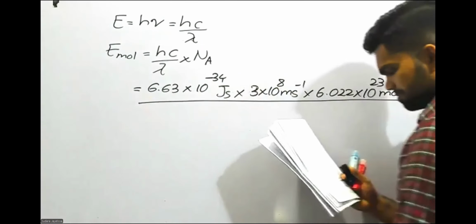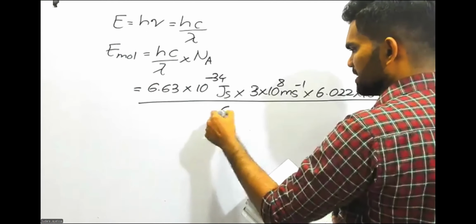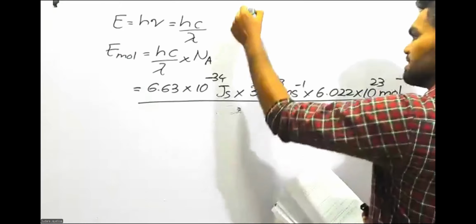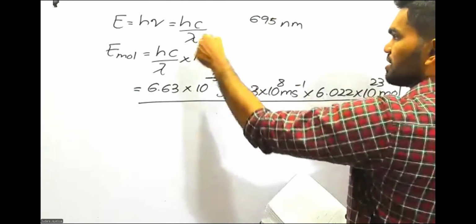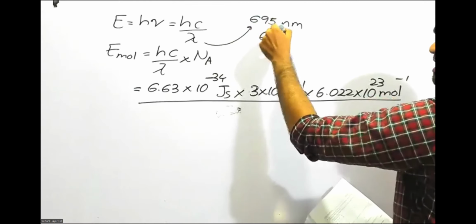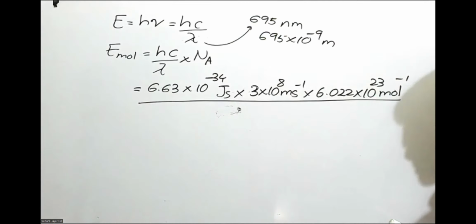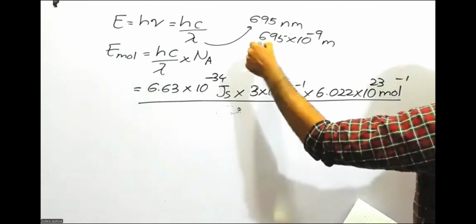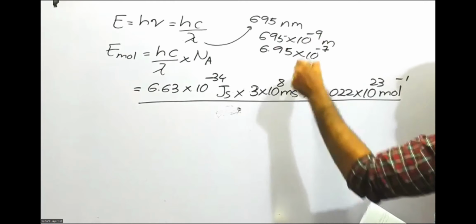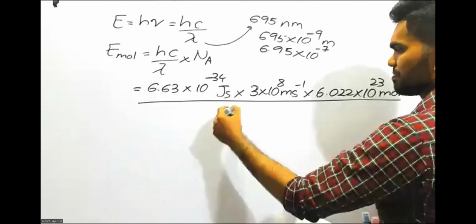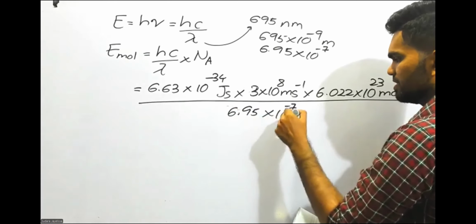And lambda is 695, I will write it as 695 nanometers. Right? That means 695 into 10 to the power minus 9 meters. It is nano. Then we can further simplify this one. 6.95 into 10 to the power minus 7 meters.